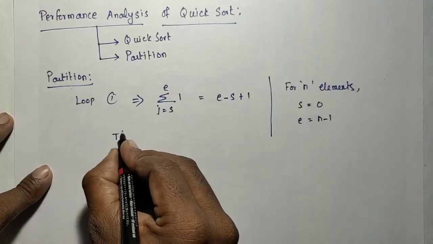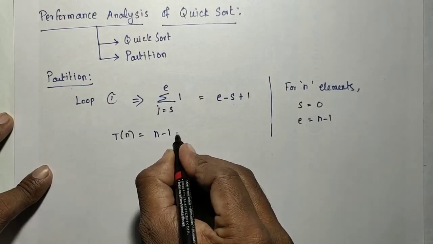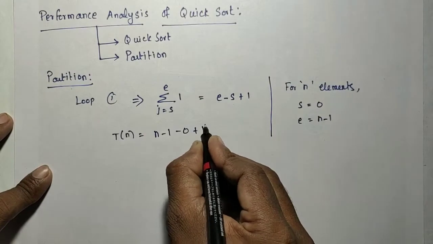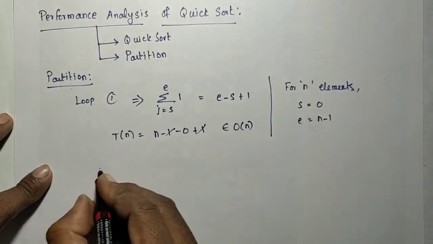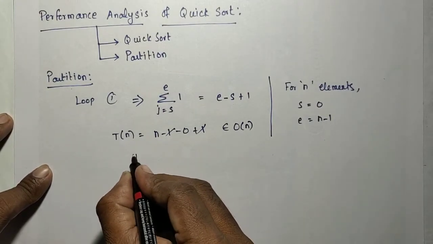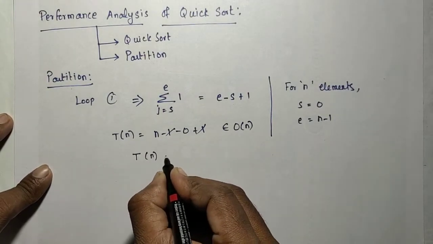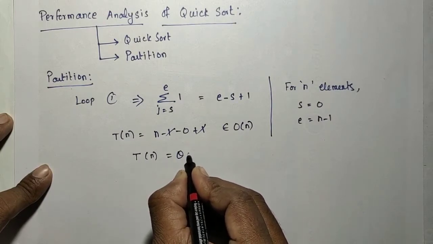So T of n is equal to n minus 1 minus 0 plus 1, that is n, which belongs to O of n. So exactly n iterations. So the time complexity of the partition algorithm is O of n or theta of n.